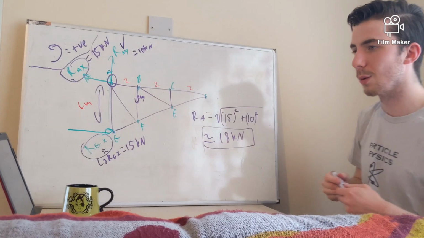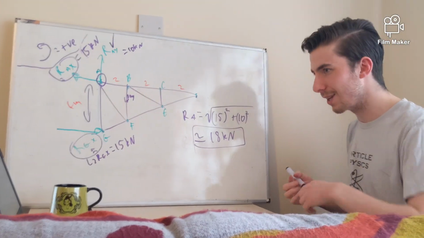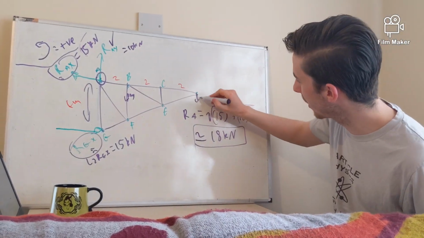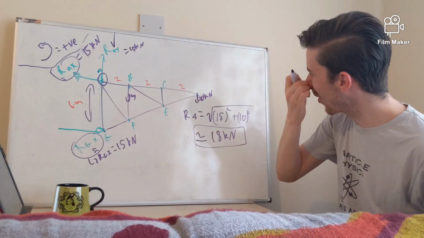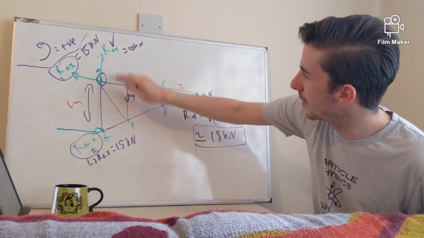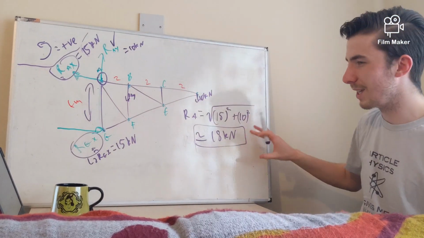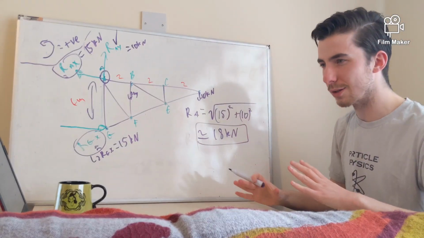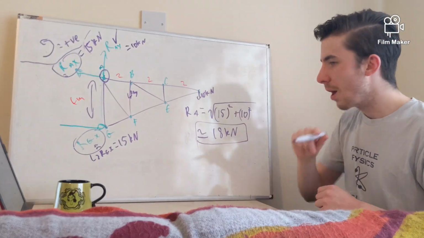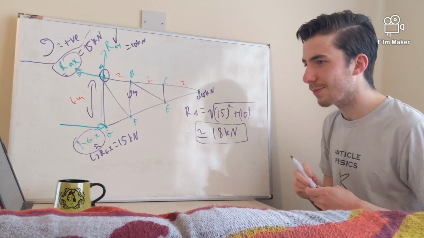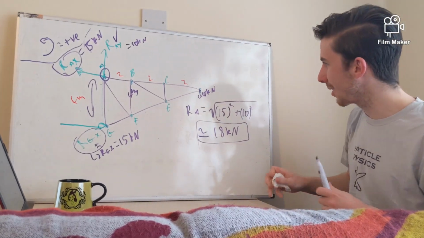Right, so now we know the reaction at A is 18 kilonewtons, and if we've got that 10 kilonewton force back in, we know the reaction at this point is 18 kilonewtons in a direction, and that's the only thing we need now. So the only thing we need is what angle is that acting at.